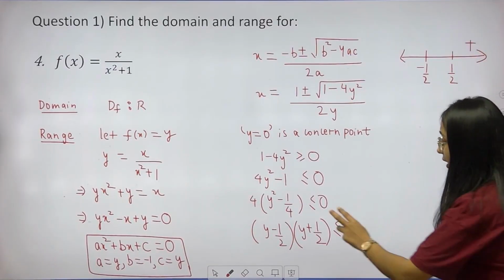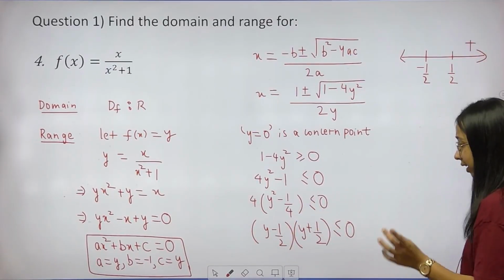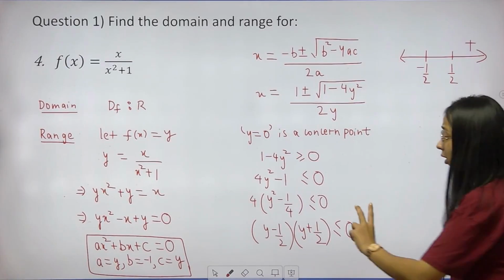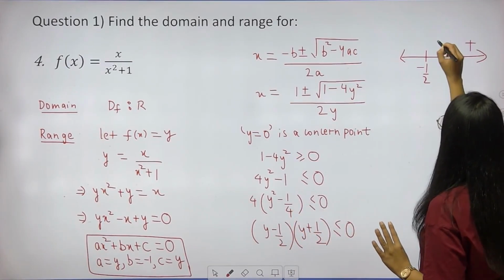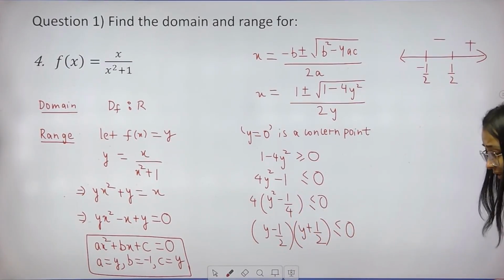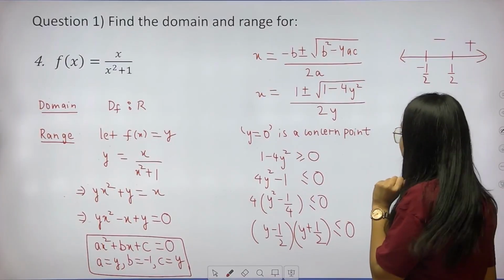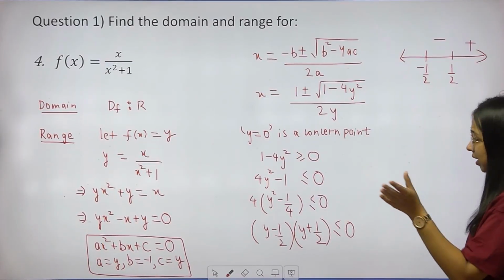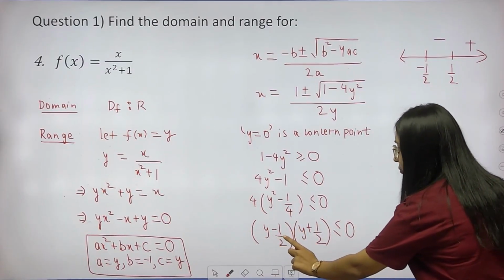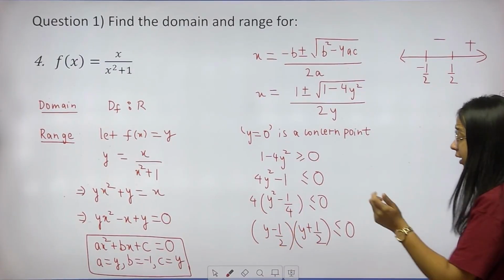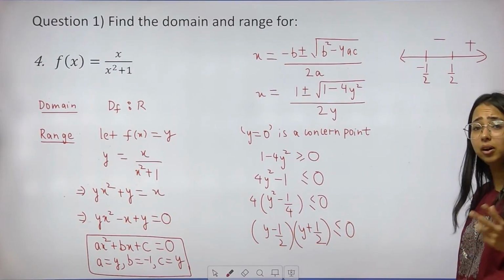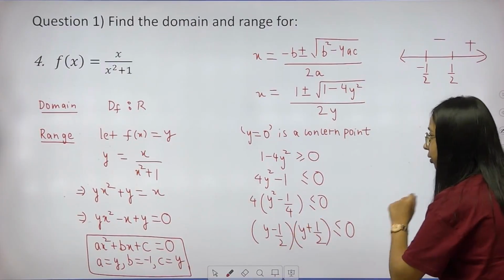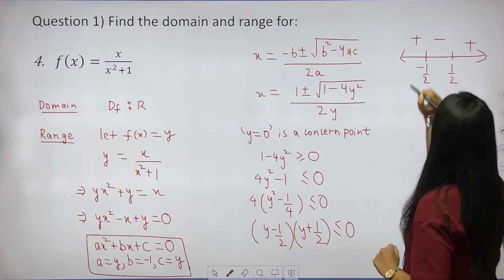Let's take 0. 0 minus half will be negative. 0 plus half will be positive. So negative into positive is negative. Let's take a number lesser than minus 0.5. Let's take minus 2. So minus 2 minus half will be negative. Minus 2 plus half will also be negative. So negative into negative will be a positive number.